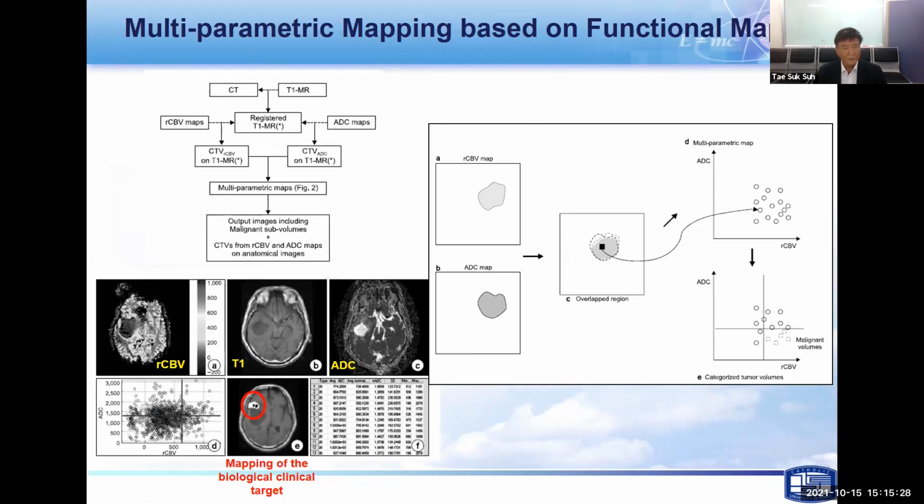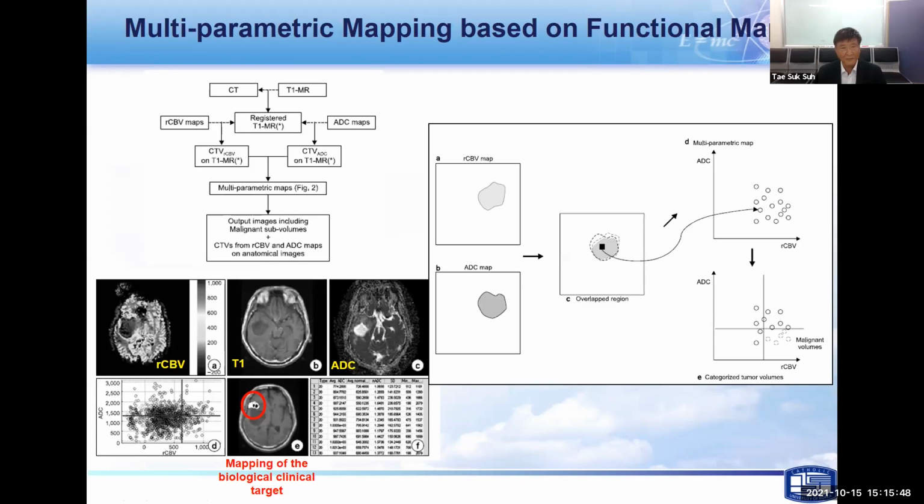So we can localize high-grade tumors because the high value is clearly presented for this region, the red region, through these multi-parametric mapping procedures.